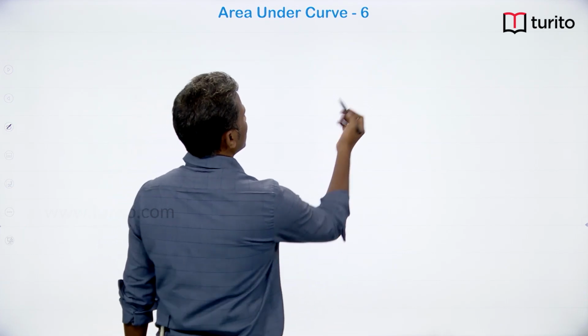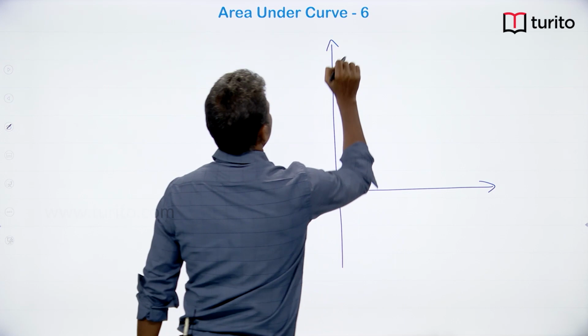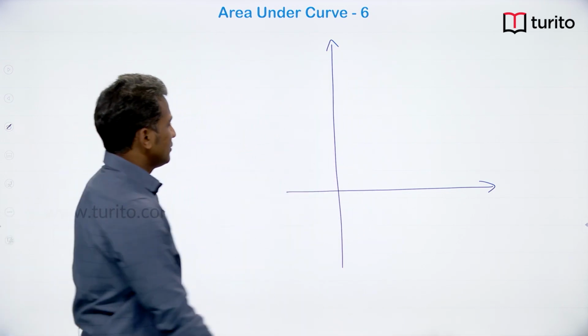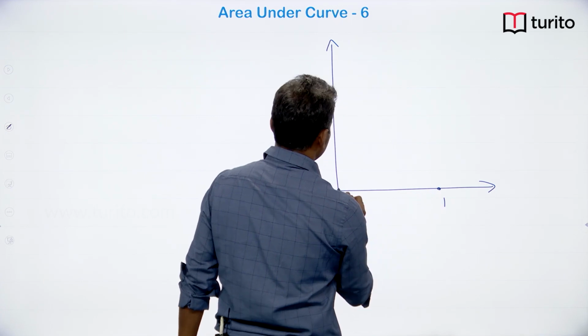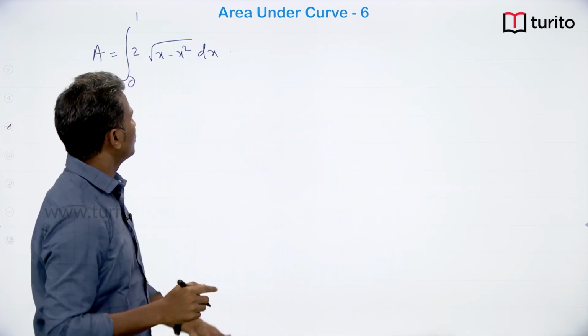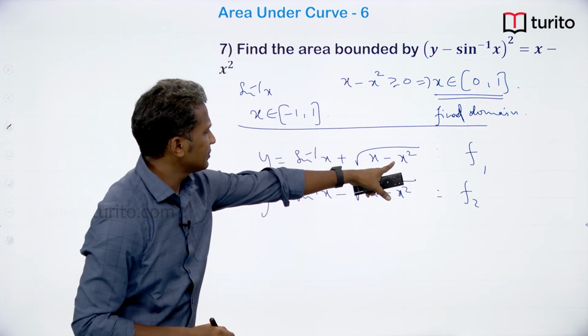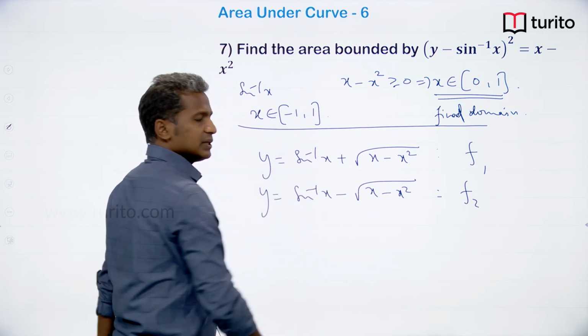So here what I will do is I will draw the graphs of both functions, I will add them and subtract them, for example, between 0 and 1. Okay. If I draw the graph of root of x minus x square, basically here there are two parts. One part is this, one part is sine inverse.